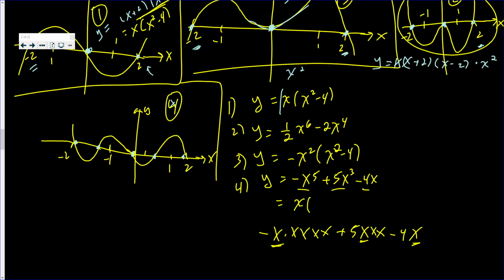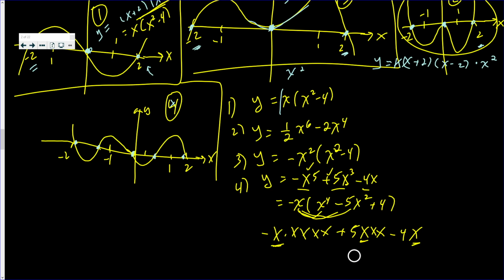So I factor it out. In fact, I'll even factor out negative x. Negative x times x to the 4th is negative x to the 5th. A negative times a negative gives me a positive, times 5. To get x cubed, I multiply the x by x squared, plus 4.